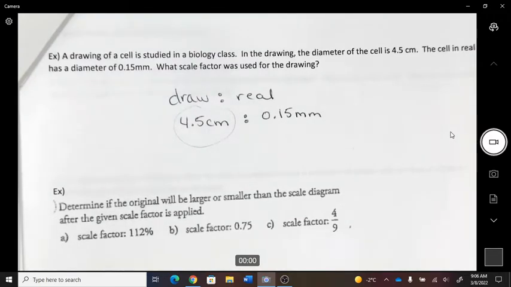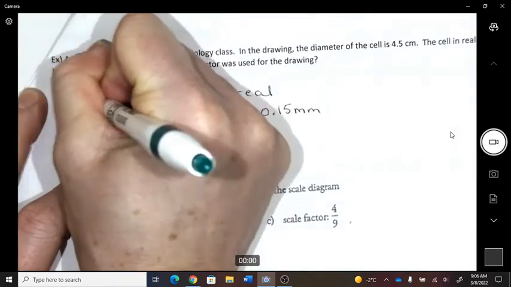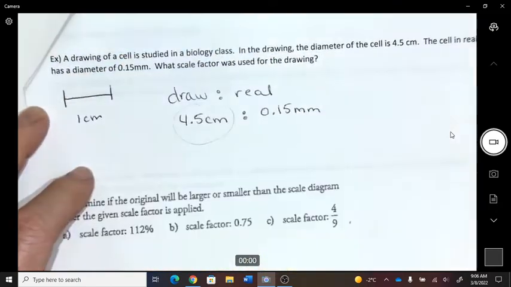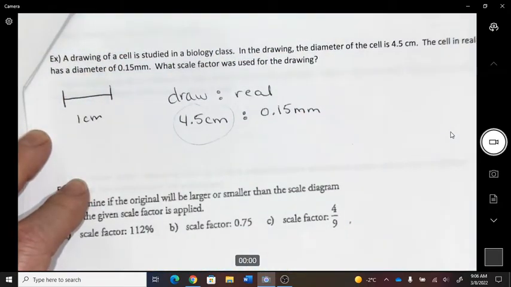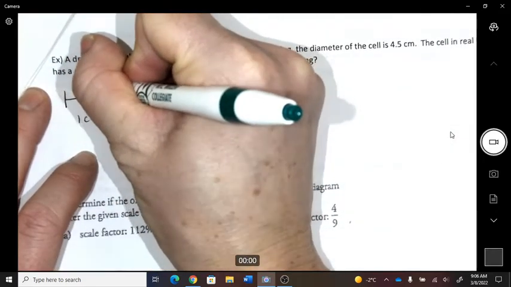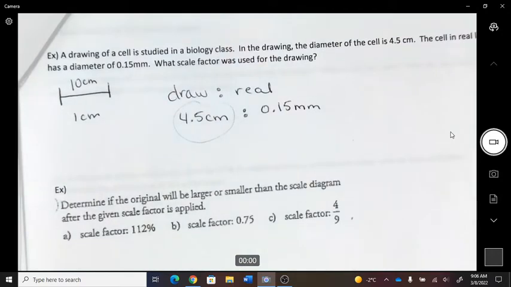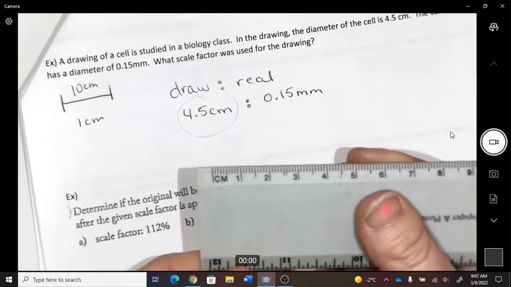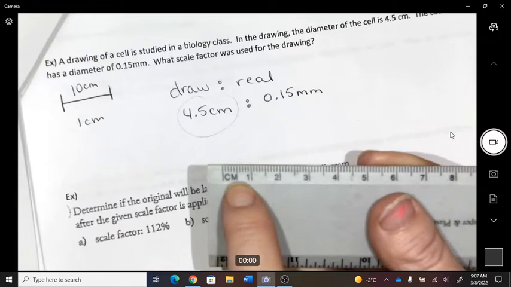Okay? So if you have a centimeter, how many millimeters are in it? Do you remember that one? There's 10 millimeters in a centimeter. Okay, so there's your 1 centimeter.